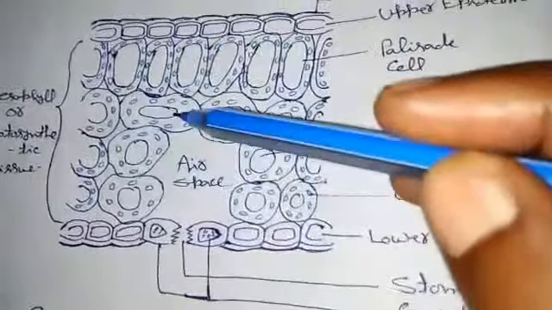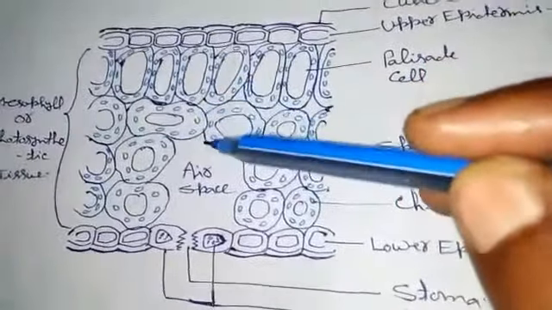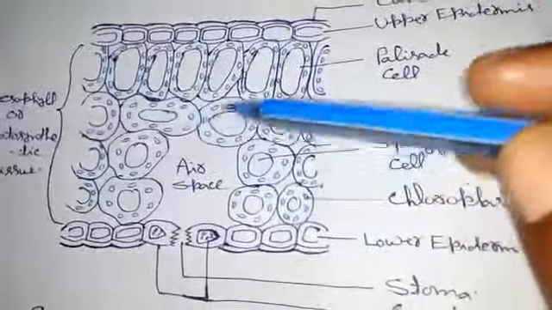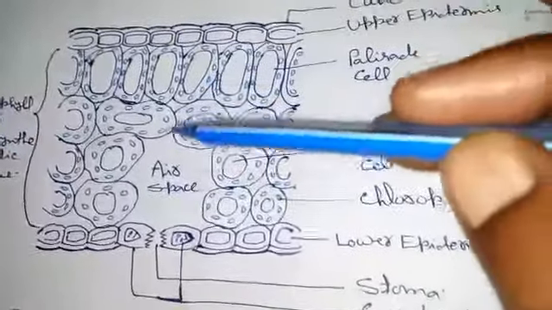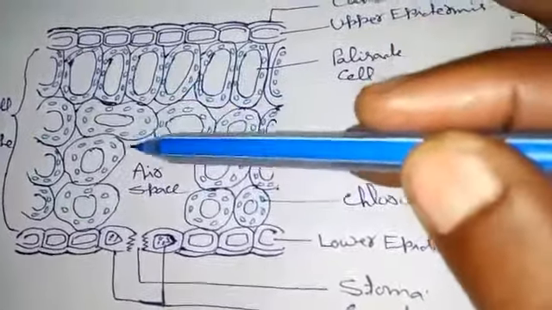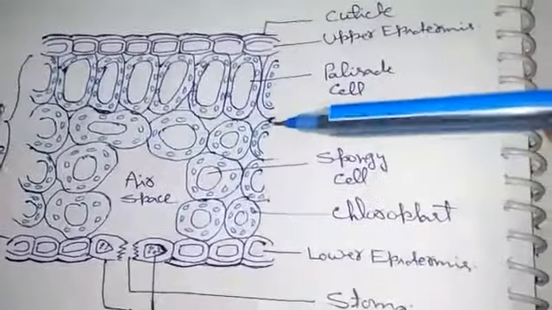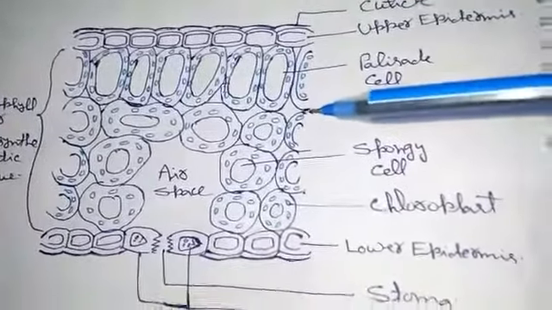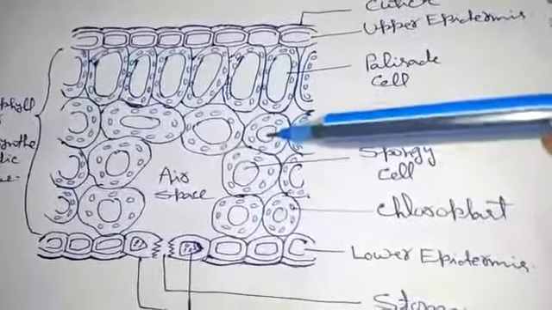In this tissue, the whole photosynthesis process takes place because these cells contain chloroplast. Chloroplast is the site of photosynthesis. Here photosynthesis occurs.